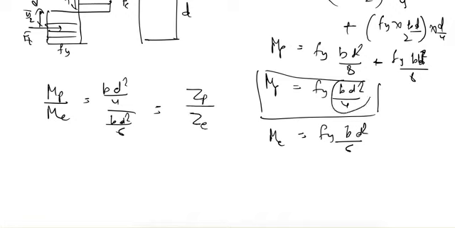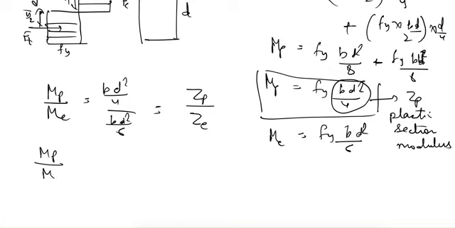So this Bd square by 4 term here is equal to Z plastic, that is the plastic section modulus. So this value comes out to be M plastic upon M elastic equal to 6 by 4 equal to 1.5, which is also equal to Z plastic upon Z elastic.